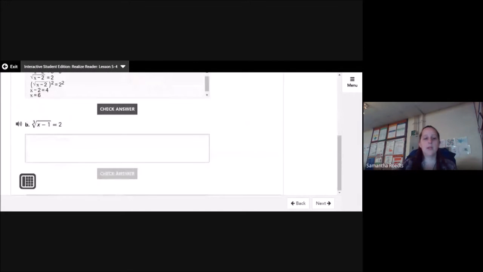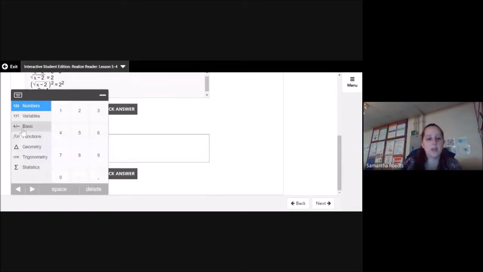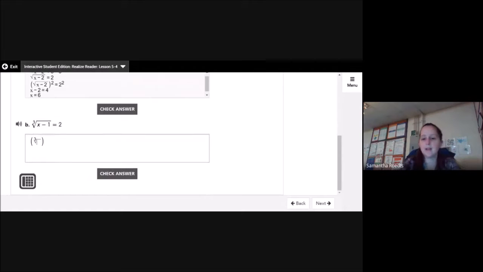Okay. For b, cube root of x minus 1 equals 2. I don't have anything to move to the other side of my equation, so it's a basic cube root. So cube root of x minus 1, cubed, equals 2 cubed.